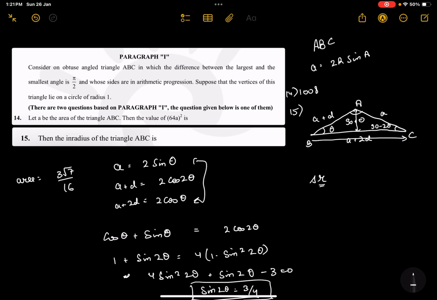We need r, so this becomes r by 2 into the perimeter, which is 2 sine theta plus 2 cos 2 theta plus 2 cos theta. So this is the area, which is r times sine theta plus cos theta plus cos 2 theta, and this is 3 root 7 by 16.